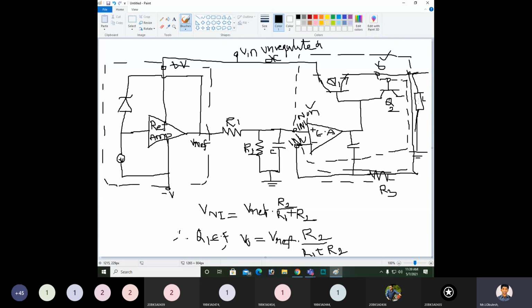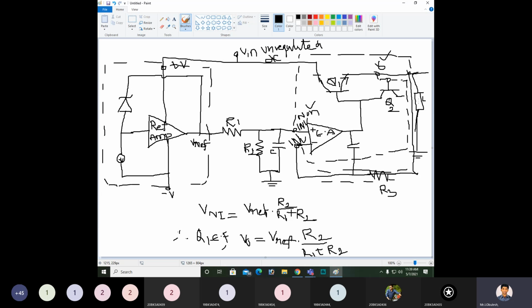Even if the load changes, we regulate again, which means we apply a constant input voltage, not a variable input voltage. So this is the basic description of this block diagram.